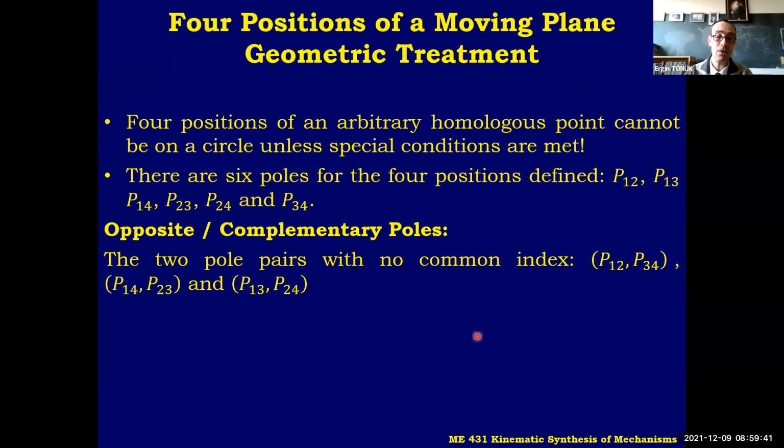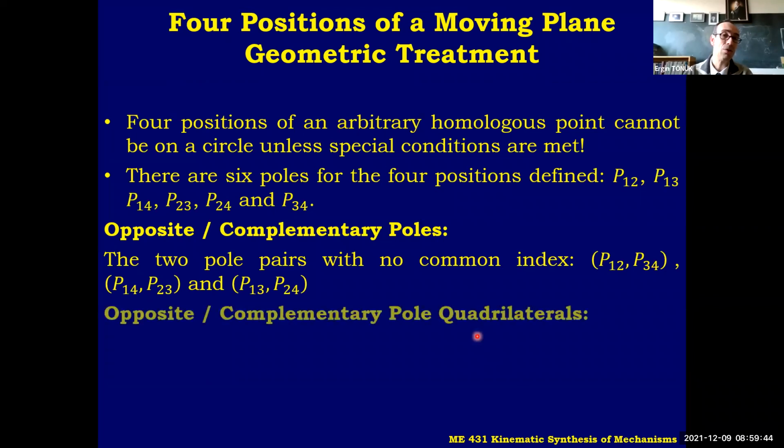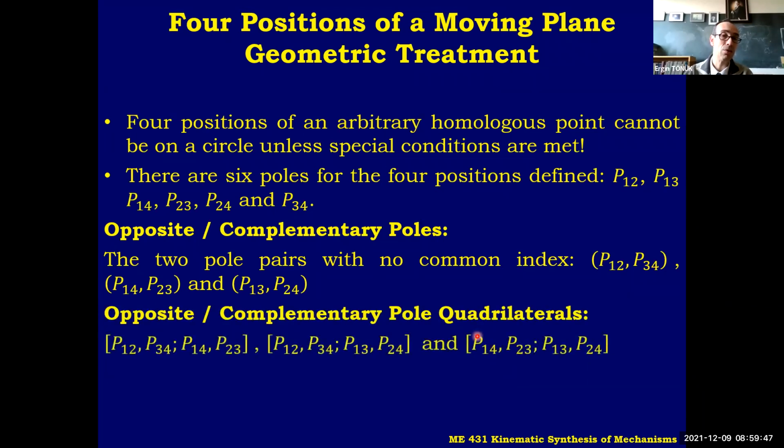Then we will have a so-called opposite or complementary pole quadrilateral. And actually we have 3 of them. So what happens is you pick any 2 of those 3 pairs and form a quadrilateral, okay? Using 2 pairs of complementary poles, you form a complementary or opposite pole quadrilateral.